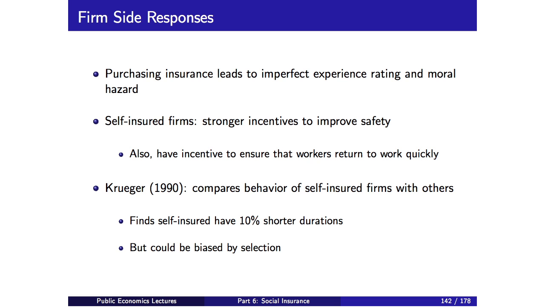There are more papers like that, but they basically have a similar feel. Okay, so then the firm side responses in this literature. As I mentioned, the issue here is whether the firm is self-insuring or buying insurance.